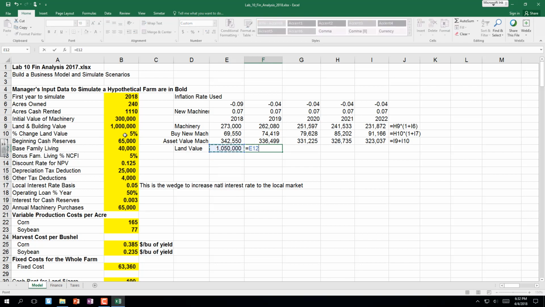And so the next year, I'll use $1,050,000 times references 1 plus that B10. And that time I hit F4 on it, and I'll be able to drag that formula across.